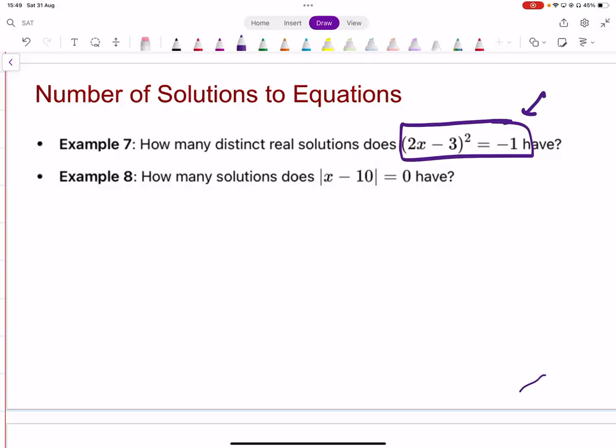Sorry? 2. So you're saying 2 because it's a quadratic equation and quadratic equations have two solutions. But do quadratic equations always have two solutions? Does this equation have two solutions?